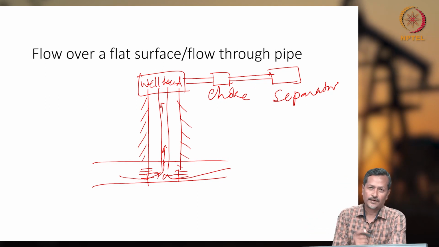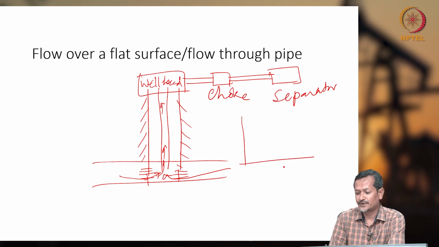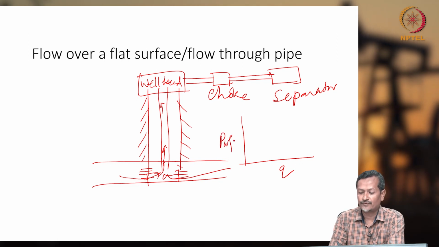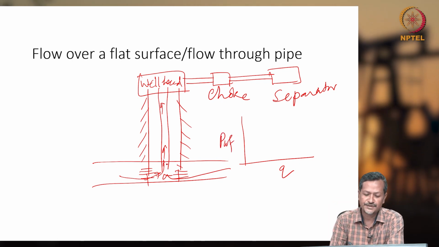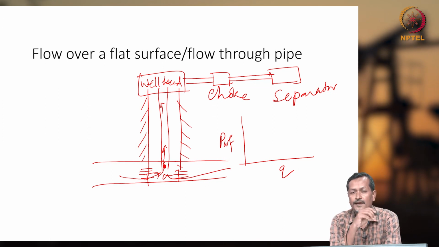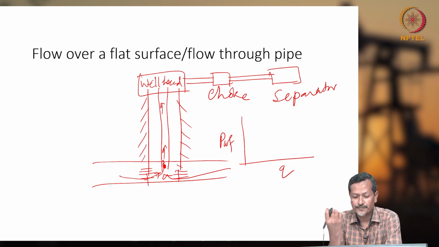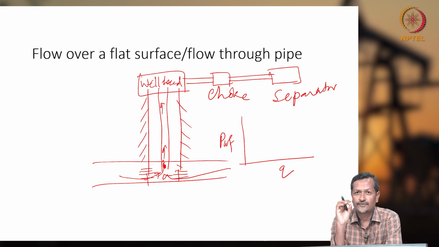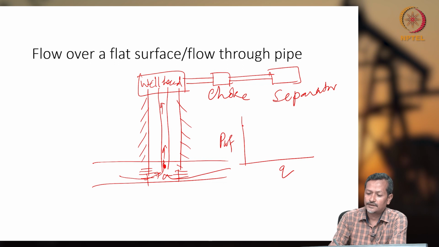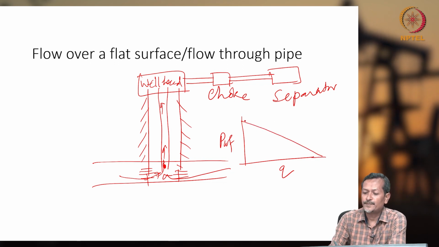Okay, in the last lecture we saw IPR, the inflow performance relationship, where we looked at flow rate and Pwf, the flowing pressure. Flowing pressure means the pressure at the entry of the tubing when the fluid is flowing. If I denote how much fluid is flowing by the symbol Q, the IPR curve will be like this, a straight line, or maybe curved.